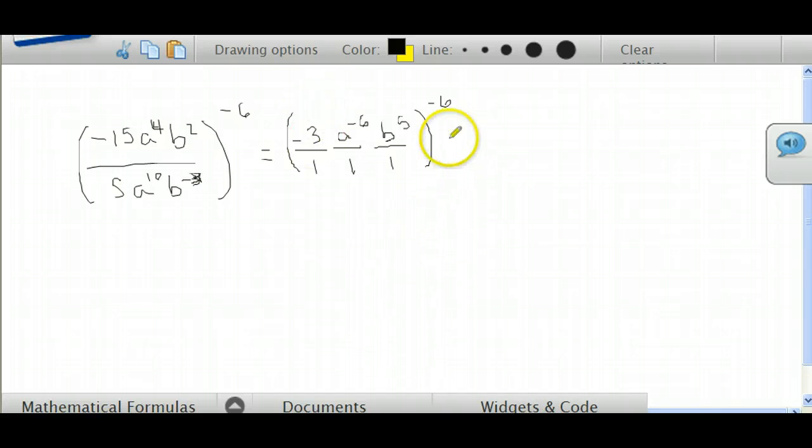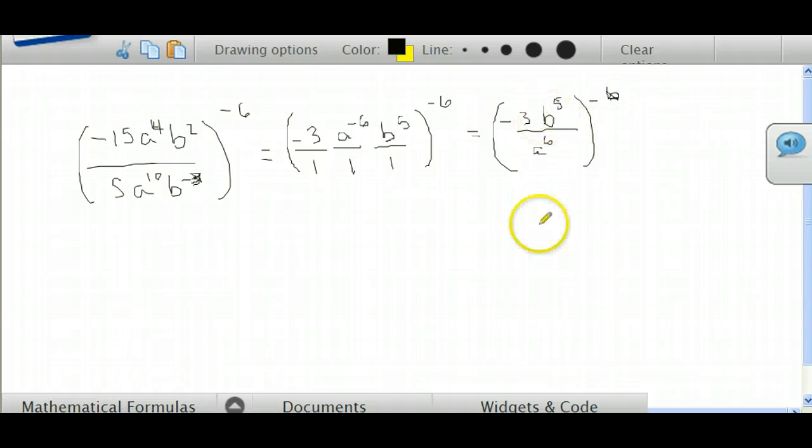So what's at the top? The negative 3 and b to the 5th. And what's not at the top anymore? 1 over a, so the a is going to be at the bottom. And then you have it raised to the negative 6 power. Now the inside is finished, so you can take care of that negative 6.